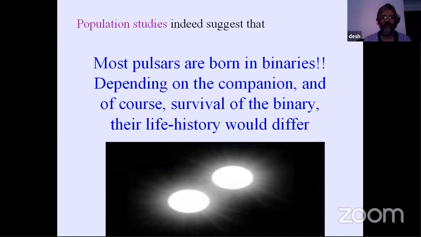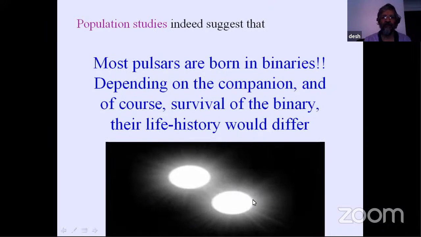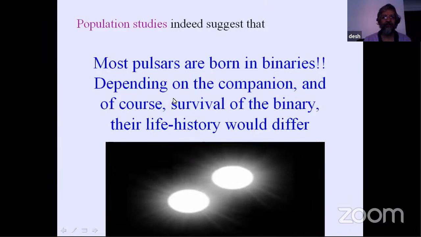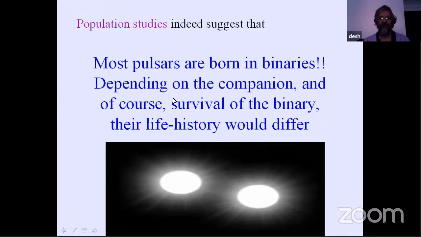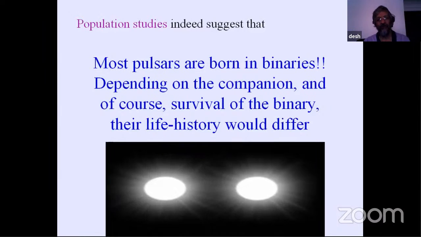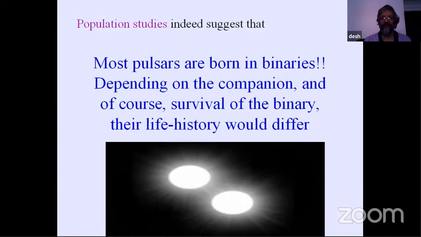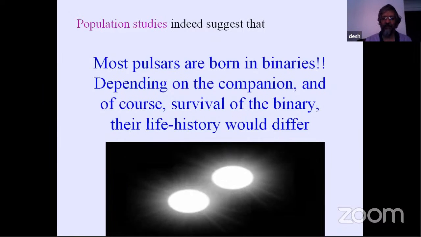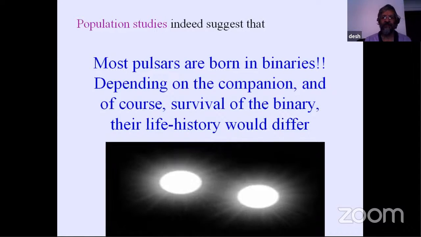So there are lots of studies, and you can trace back, as a population, what fraction of pulsars or what fraction of progenitor stars or progenitor systems are leading to different populations.